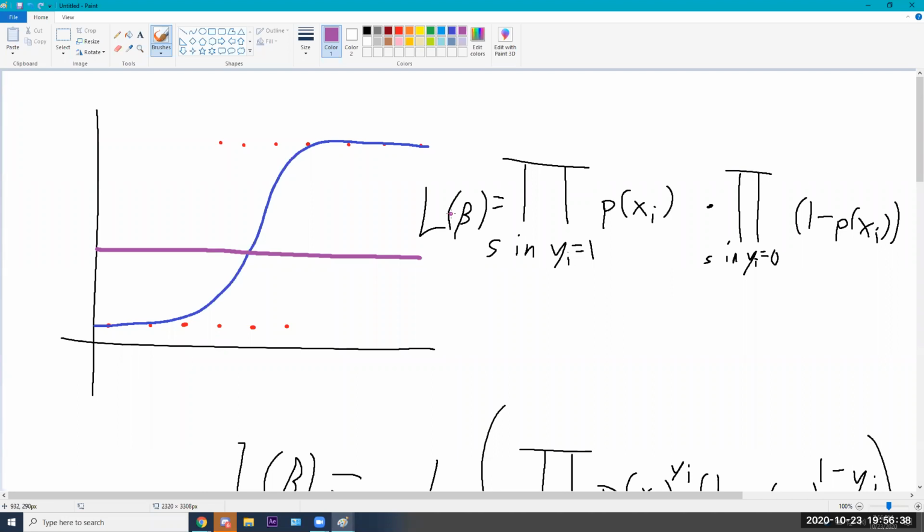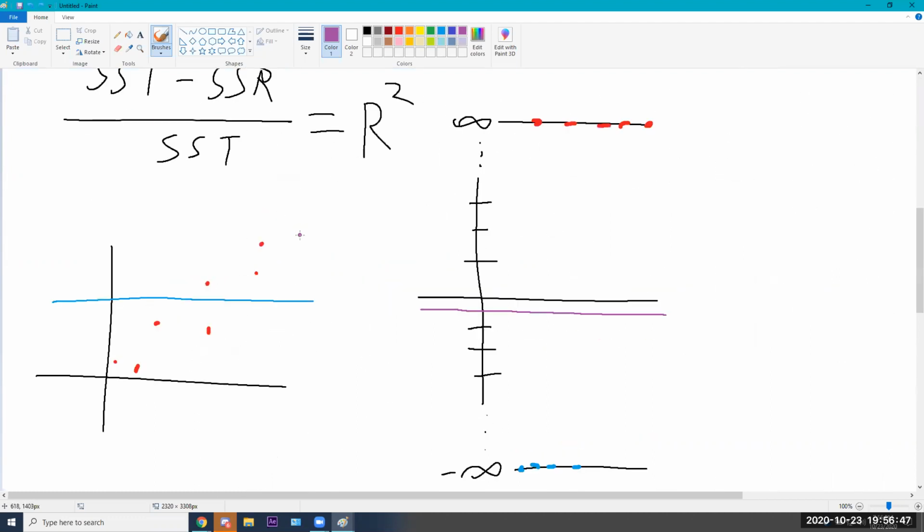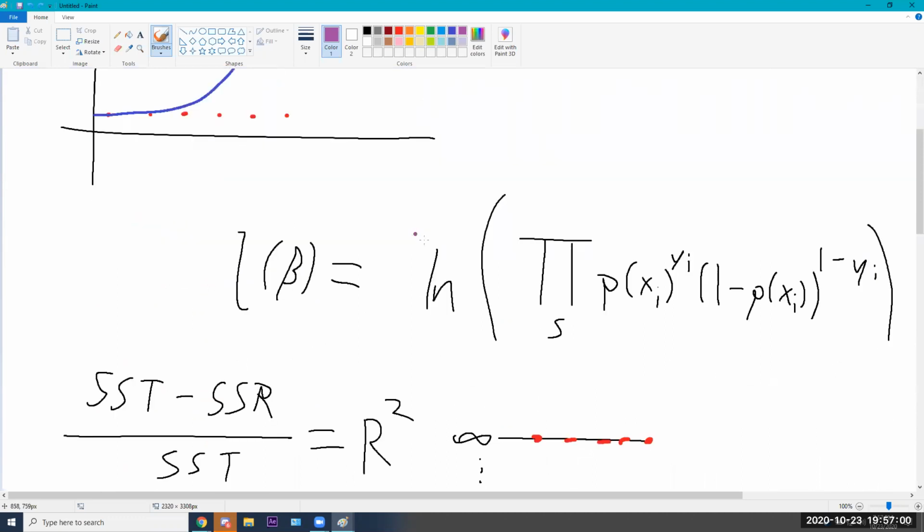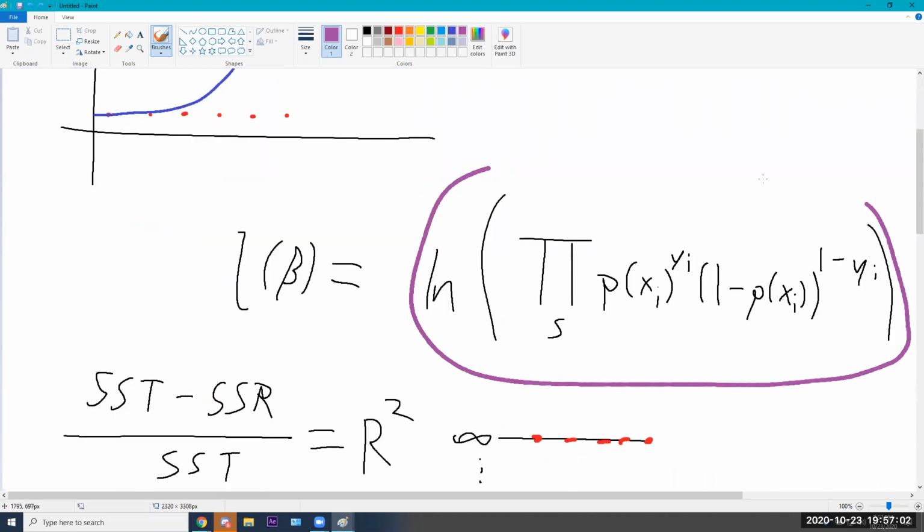So then from here on out, we can pretend this is our model. Like we did with the linear regression, where we got the difference squared. But this time our error function is not the sum of squares. Instead, it's the maximum likelihood, which is this thing.